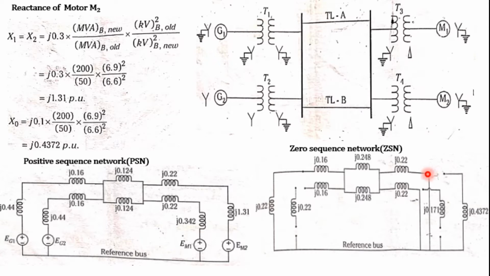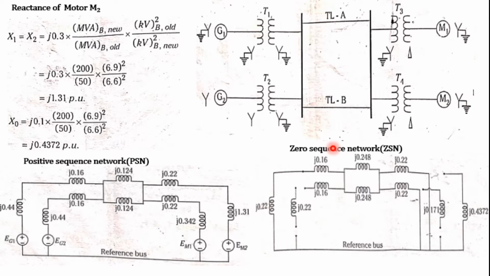What will happen? This shunt switch gets closed. And the motor is star grounded, so this series switch gets closed. Motor M1 is grounded to a star ground.